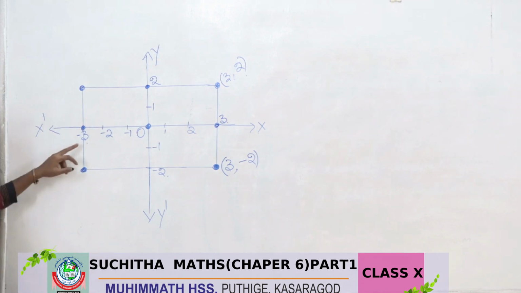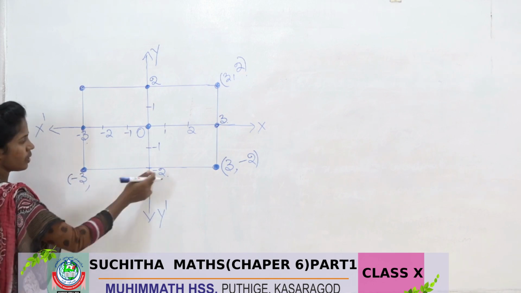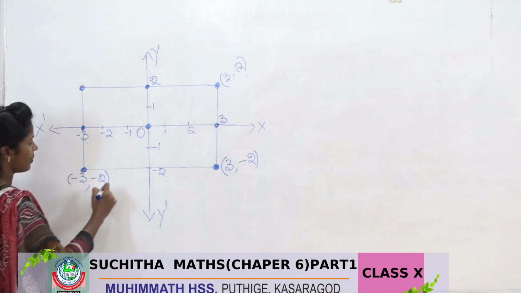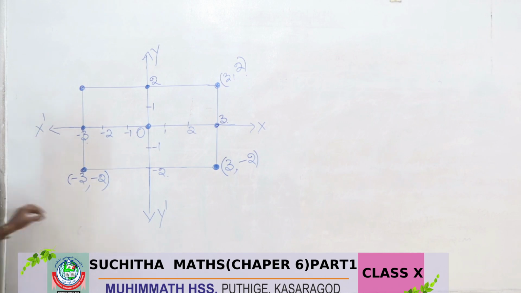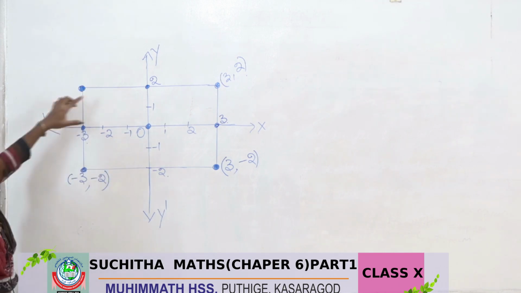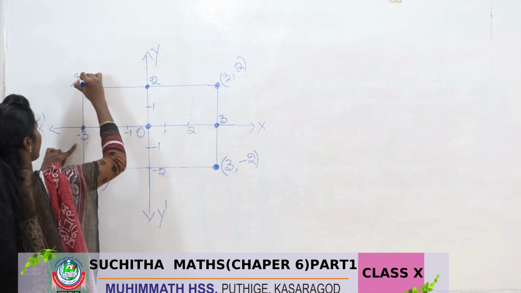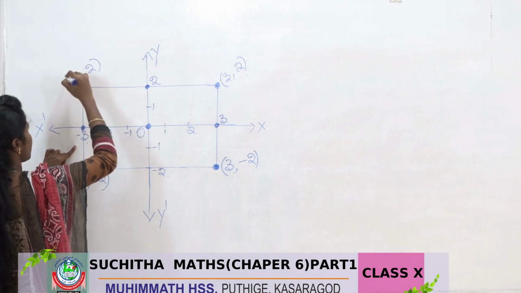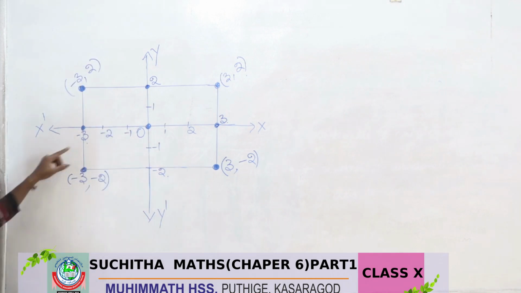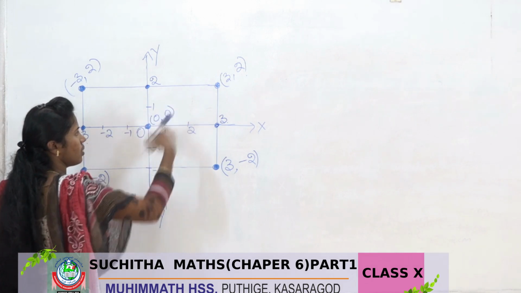That is x coordinate is -3, y coordinate is -2. -3, -2. Then what about this point? X coordinate is -3, y coordinate is 2. -3, 2. What is the coordinate of origin? It is 0, 0. Okay.